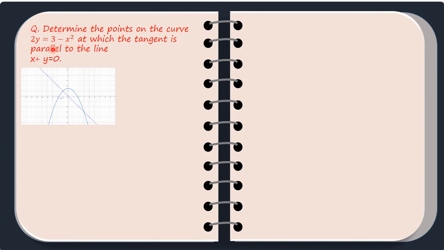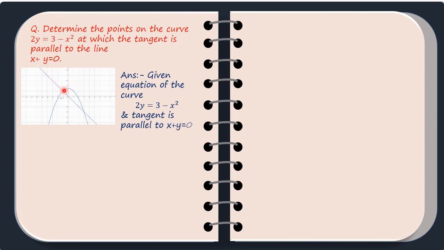So here the given is this curve, 2y is equal to 3 minus x square, at which you need to find the equation of the tangent. And another thing is given, that the tangent is parallel to the line x plus y is equal to 0. Now we need to find the point of contact.